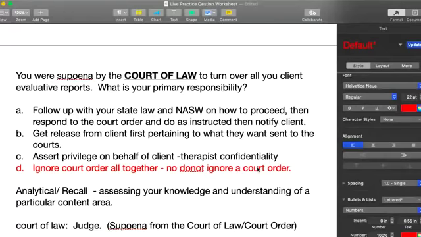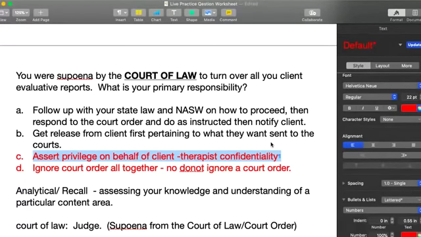So at this particular point, unless the client has said to you, no, I don't want you to respond to this court order, unless the client has responded to the judge after learning that a subpoena has been sent to you, a court order about turning over their case file, unless they have themselves followed up with the court and wrote an amendment to it or contested it, you still have to follow through.